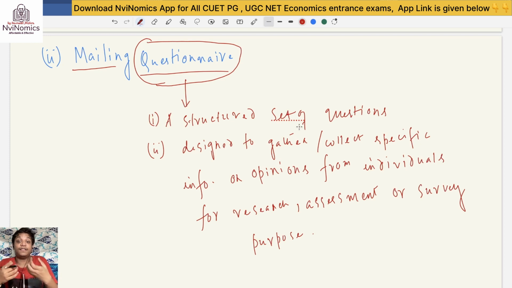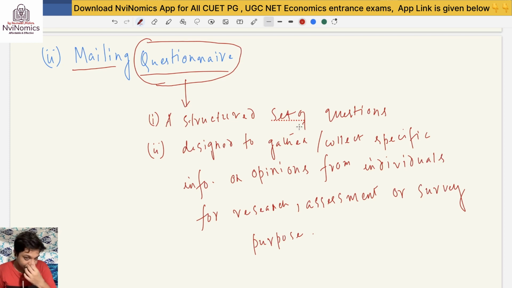So why is it designed? It is designed to gather or collect specific information or opinion from the respondents so as to conduct a meaningful research, assessment, or any sort of good survey.